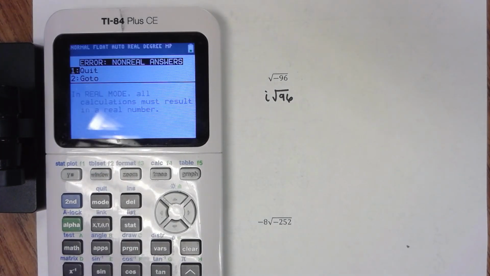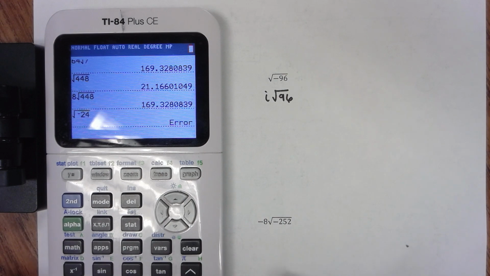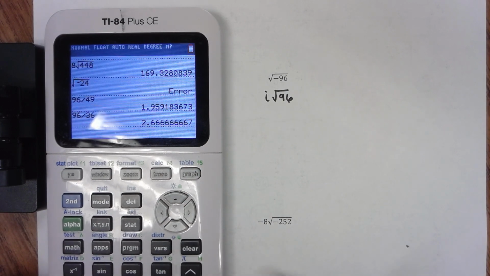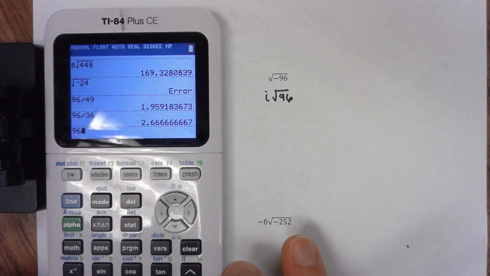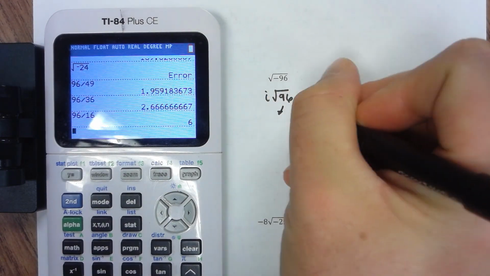Now I'm off to checking any perfect squares that divide 96. Let's see, about halfway would be 49, so it's 96, 49, that's not going to work. What about 36? I don't think so. 25, definitely not. So what about 16? Ooh, there we go, 16 and 6.